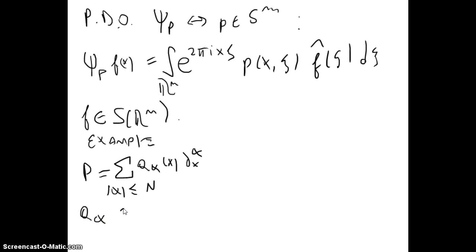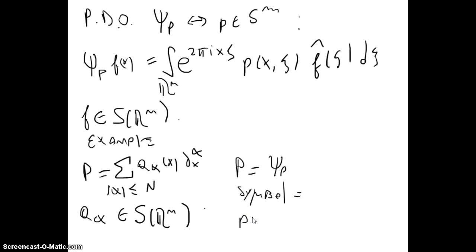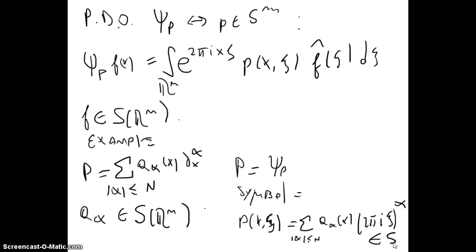These a_α are in the Schwartz space, and if P is our pseudo-differential operator, its symbol is going to be P(x, ξ) equal to the sum, again over α, of the a_α and the (2πiξ)^α that appears naturally in the transform of the equation, for example, for the transform of the partial derivatives. It will be in S^n.